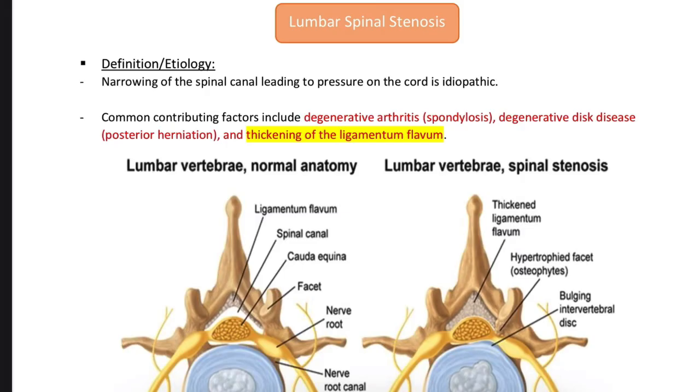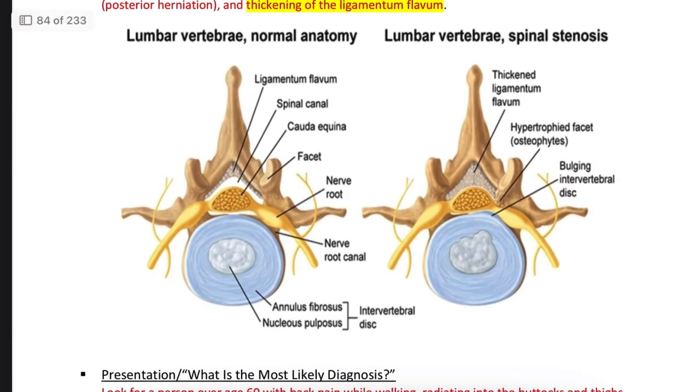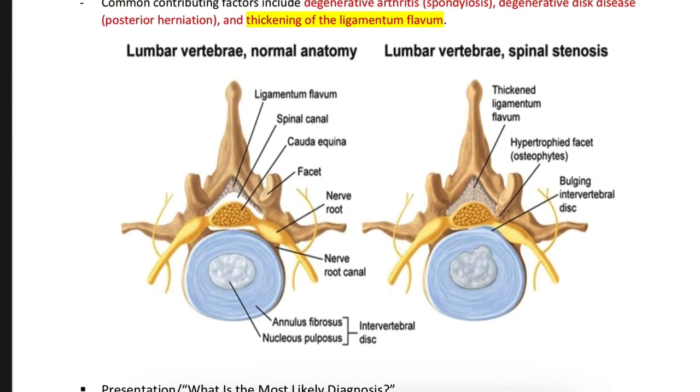Okay. In anatomy, the lumbar vertebrae protect the cauda equina, a bundle of nerve roots the spinal canal houses. If you look here, this is the ligamentum flavum, present posteriorly. This ligament will get thick.